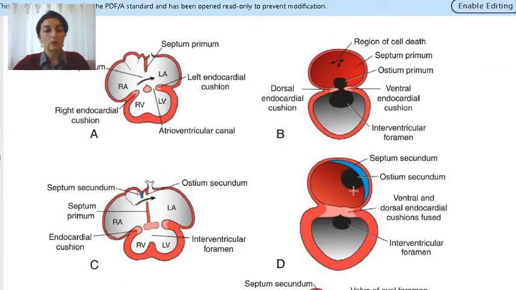Now we will look at how these septa are developing. Here we can see the left atrium and the right atrium. Initially, in the 4th week of gestation, a crescent-shaped, crest-like structure starts to grow from the roof of the atrium.